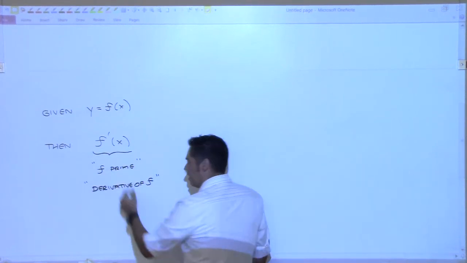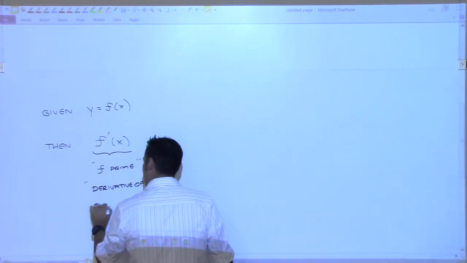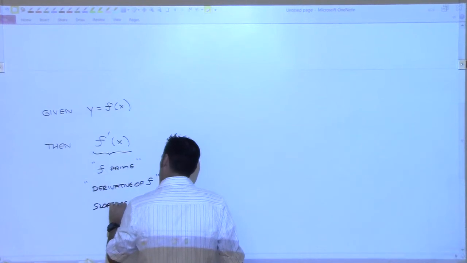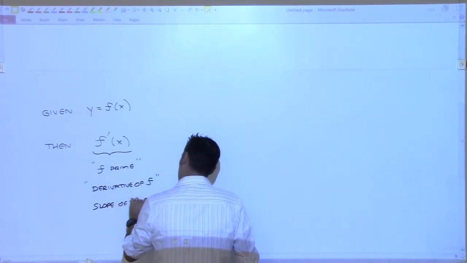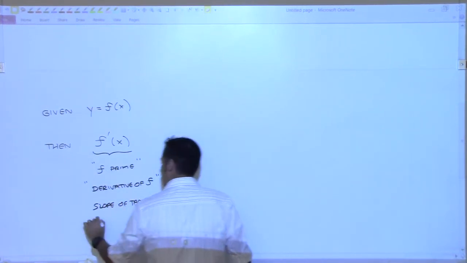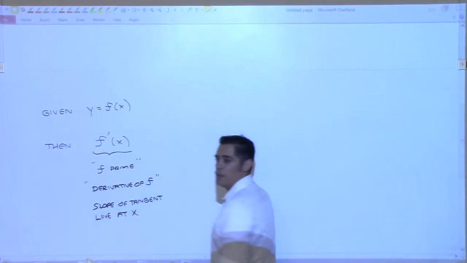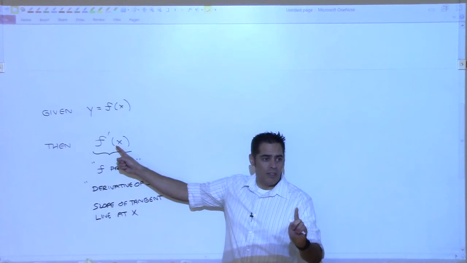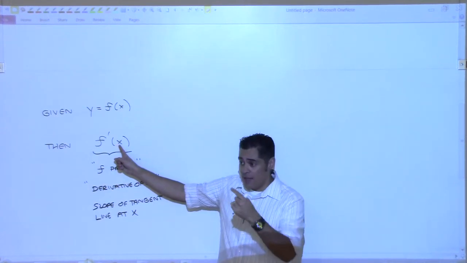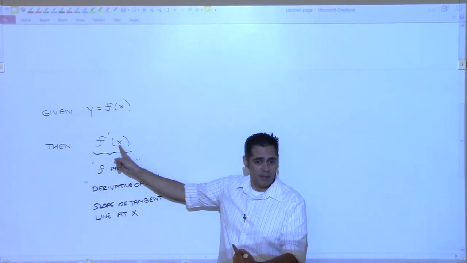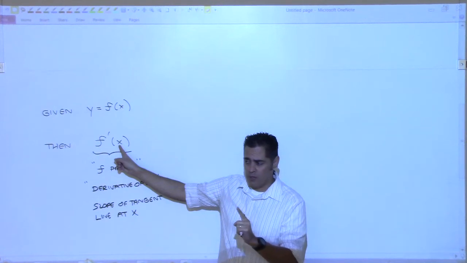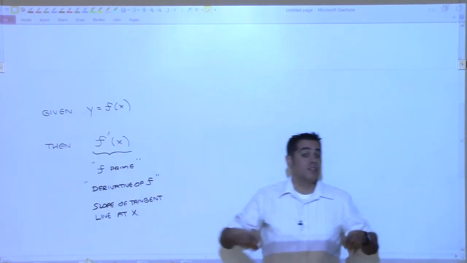Okay, so the derivative of f. And geometrically, this thing represents the slope of the tangent line at x. So in 2.2, we switched the a that was in here over to an x. We said, hey, a could be anything, let's call it x.